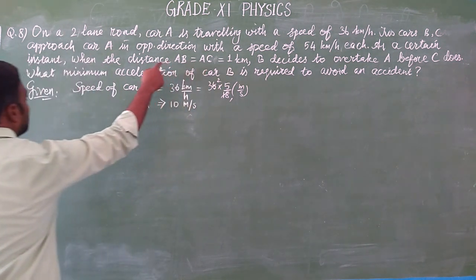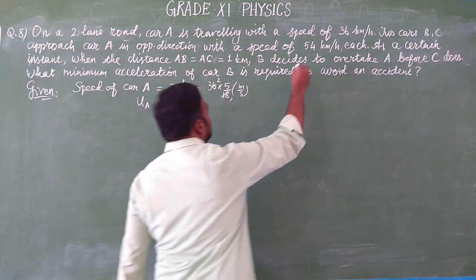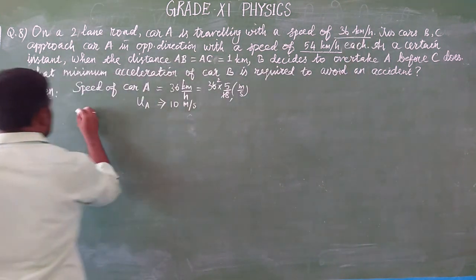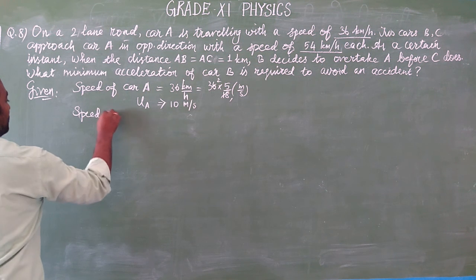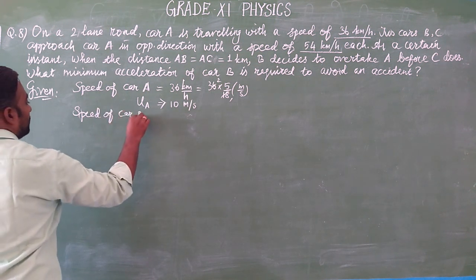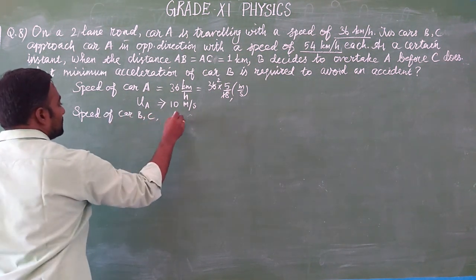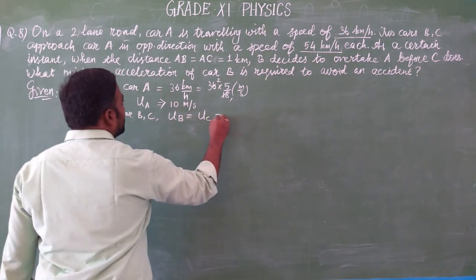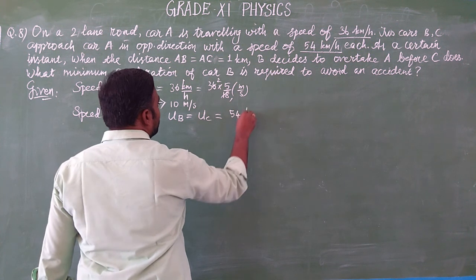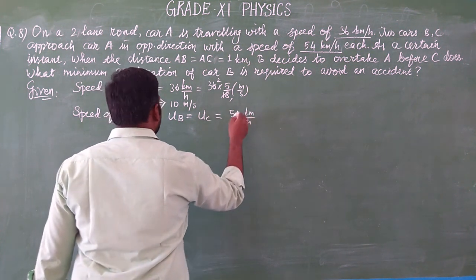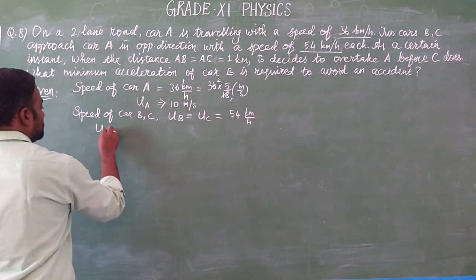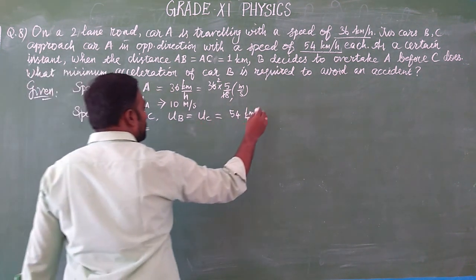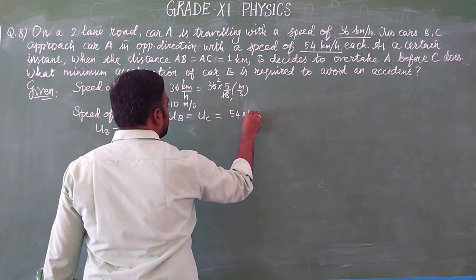Similarly, the speed of car B and car C. This is the speed of car B and car C, and this is the speed of car A. The speed of car B is equal to the speed of car C. What is the speed? 54 km per hour converted into meters per second.